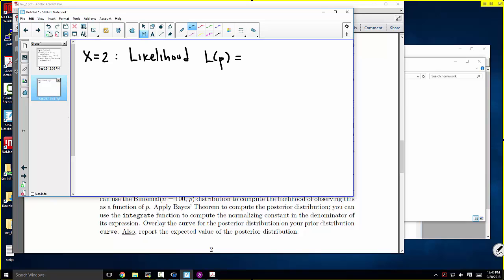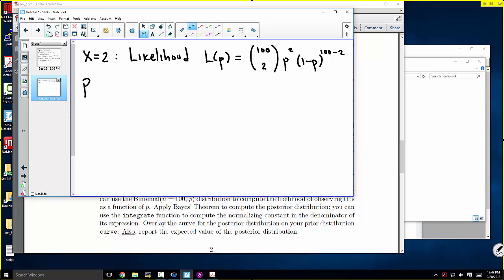Here I'm treating our data, capital X, as binomial. So the likelihood is just the binomial PMF. In this case, it would be 100 choose 2 times p to the 2, times 1 minus p to the 100 minus 2. So we have a likelihood and we have a prior.